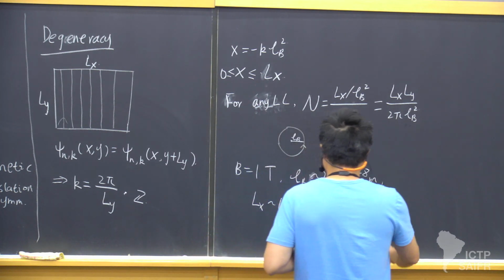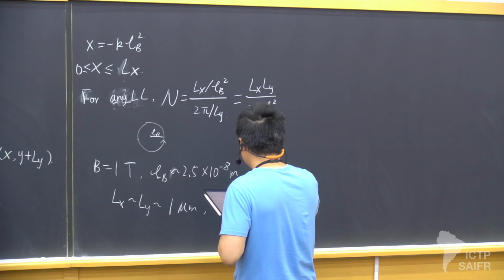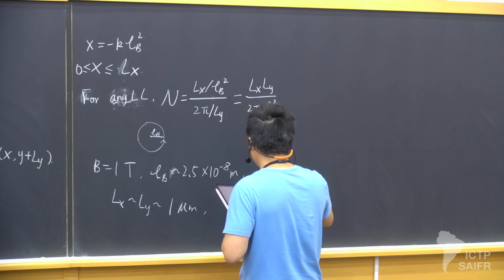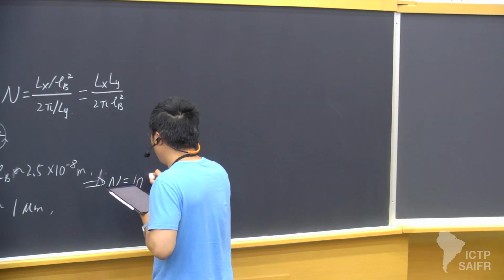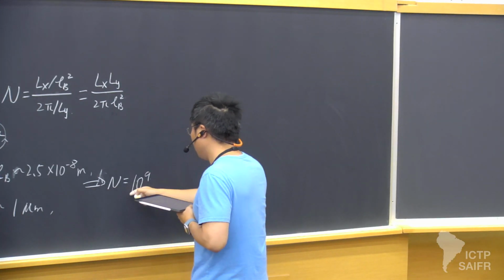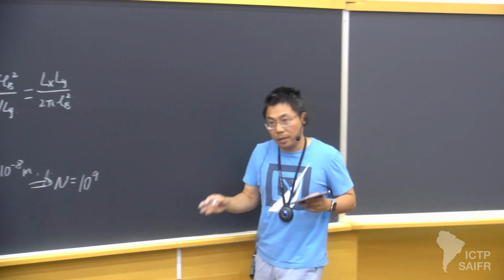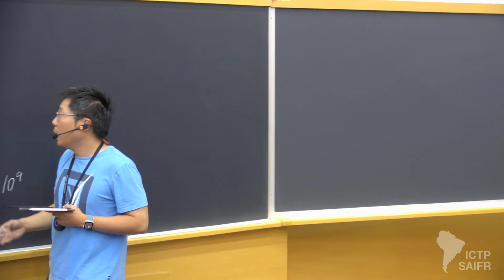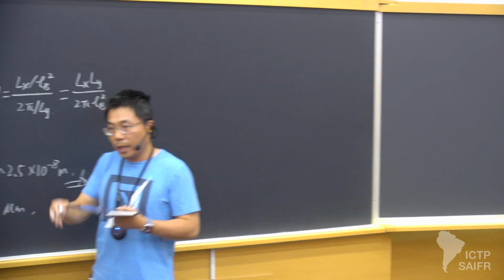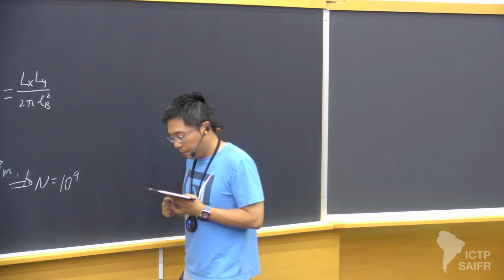So you can find that the degeneracy in each Landau level, in a typical experimental system, will be around 10 to the ninth power. That's a very huge number. And if you go to an even larger magnetic field, you will get a larger degeneracy.